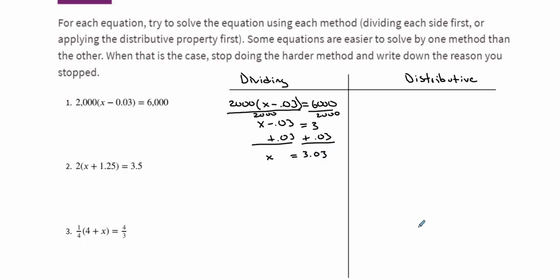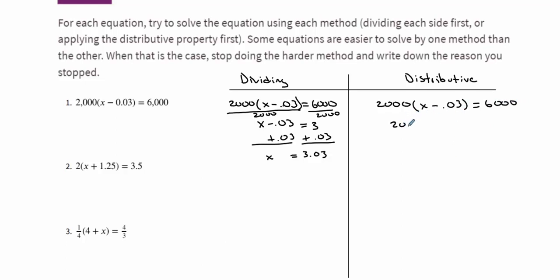That was pretty easy. Let's use the distributive property and see how easy that one is. 2,000 times the quantity x minus 0.03 is equal to 6,000.